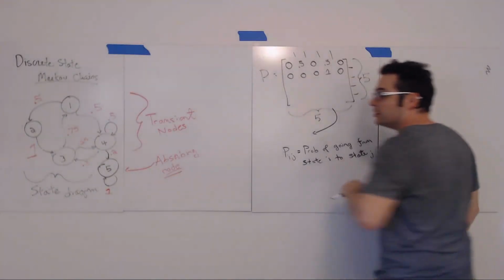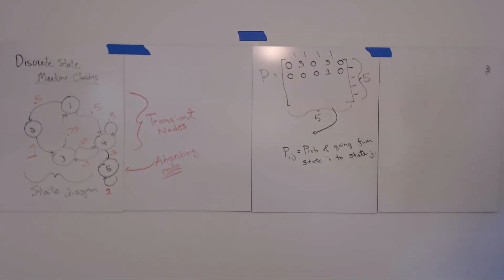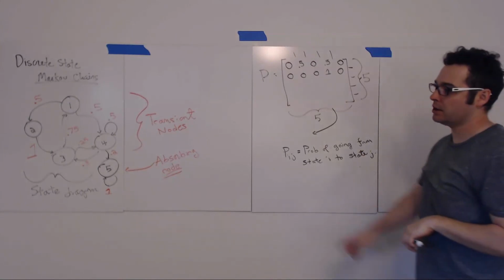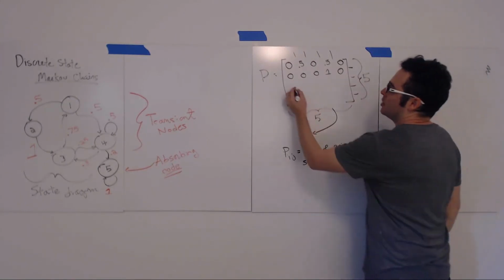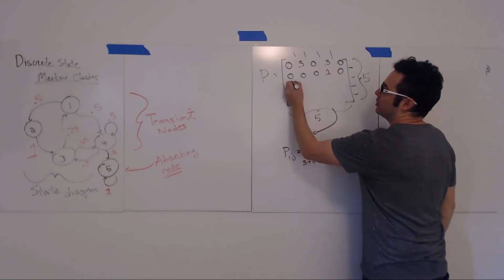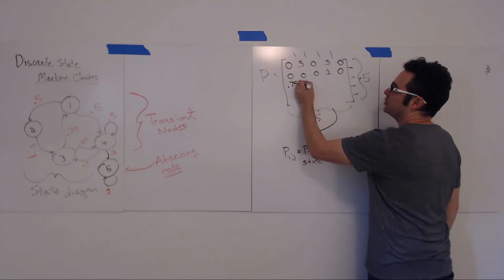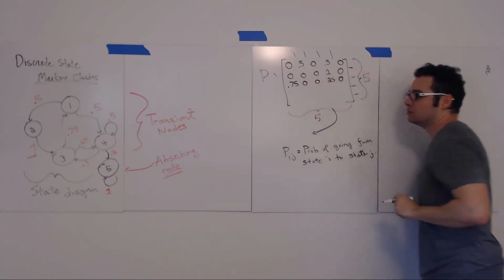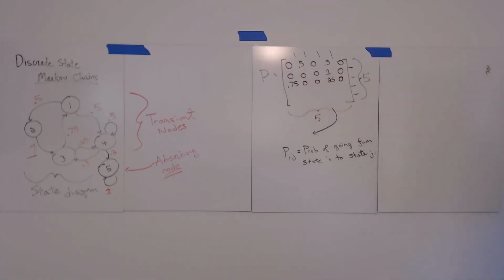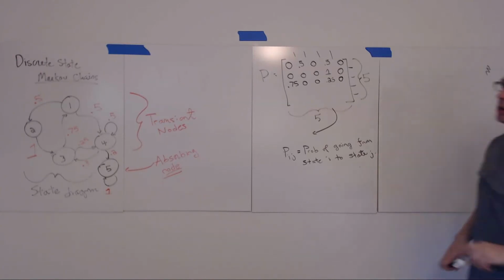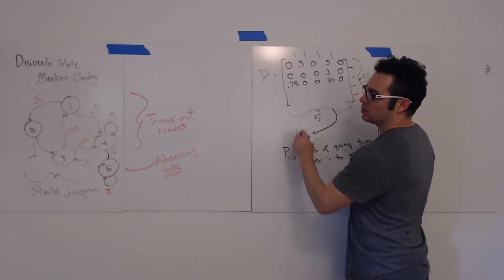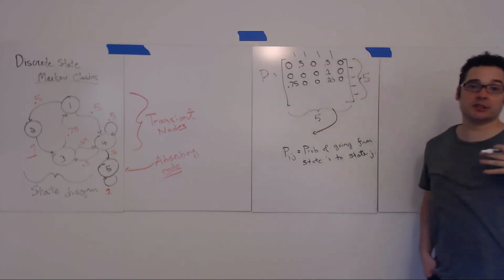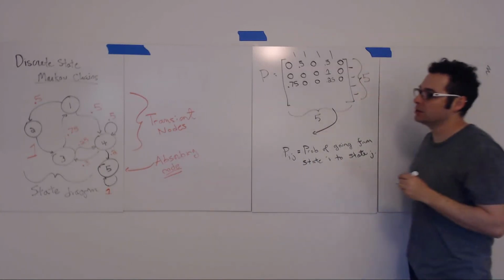Now for state 3, we have a transition to state 1 and to state 4. So that row will be given by 0.75, 0, 0, 0.25, and 0. State 4, our transition probabilities are to state 3 and to state 4, and state 5.